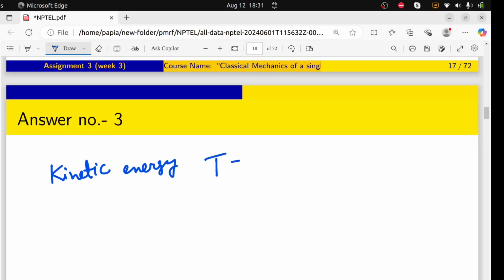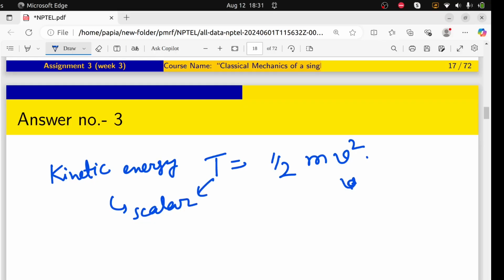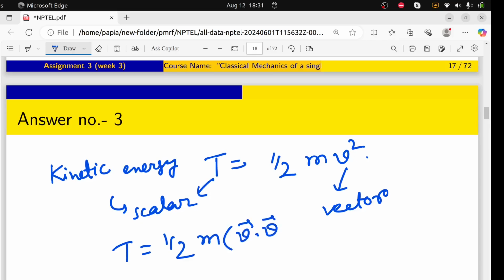Kinetic energy T can have the expression half m v square, but as this is a scalar and v is a vector, in scalar form I can write T as half m v vector dot v vector.